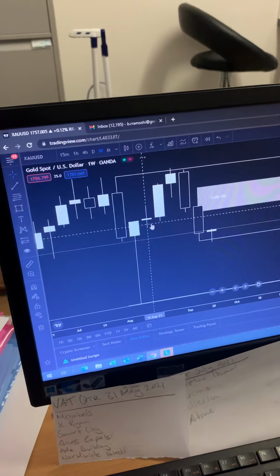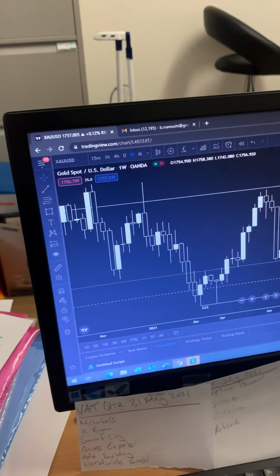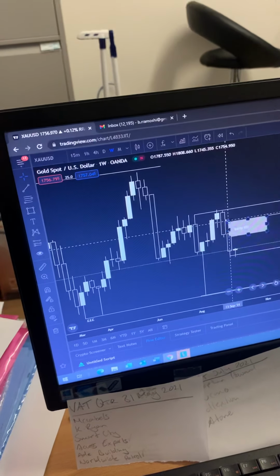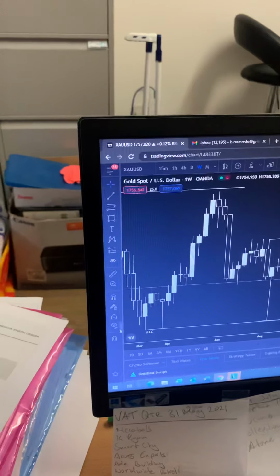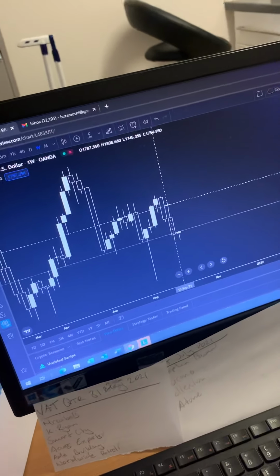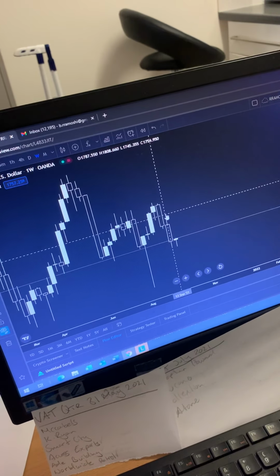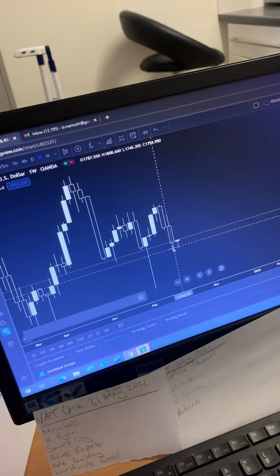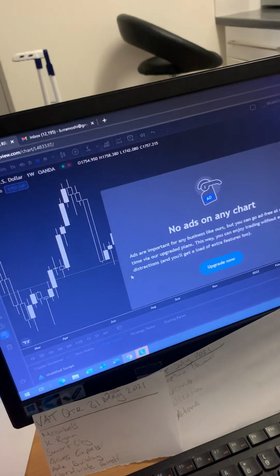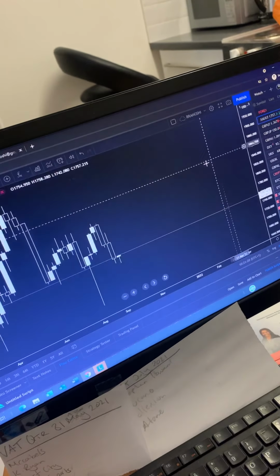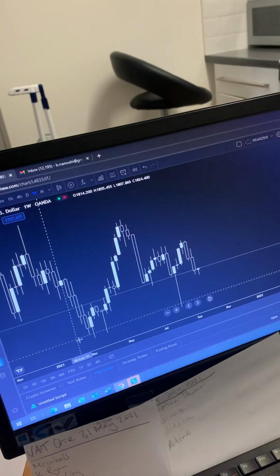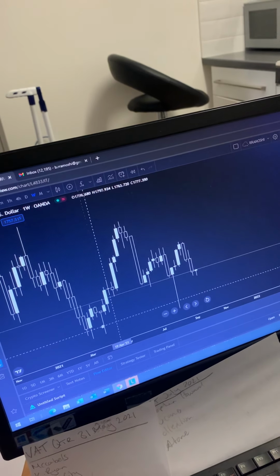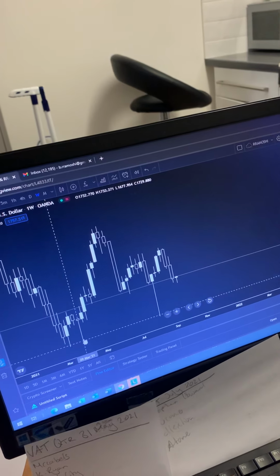So let me go down to the weekly. If I remove the drawings again, I've marked last week's high, which is this candle here, and last week's low. There's also some liquidity here, some equal lows that haven't been raided.